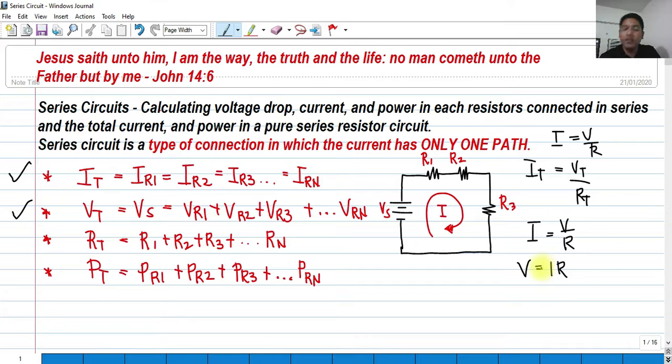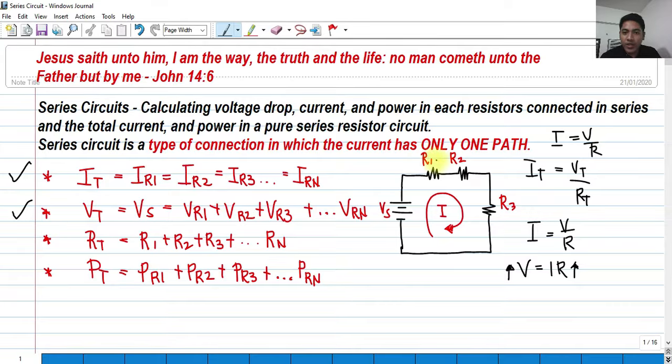In a series circuit, the current is fixed, but R1, R2 and R3 do not have the same resistance. So the resistor that has the highest resistance will definitely have a greater voltage drop than the other resistors.